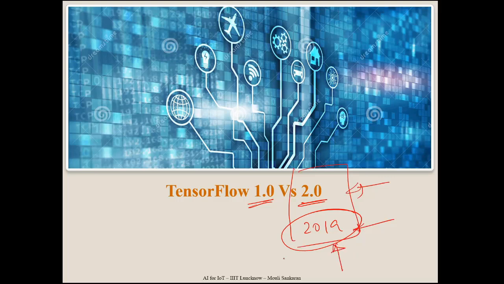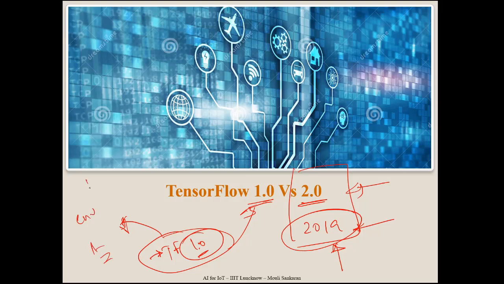And you may have some networks which are still using 1.0, or most of the books that you see on TensorFlow, they are all a little older, so they may be giving you code which is 1.0 code. Okay, so if you try to run those TensorFlow examples on our setup, you may have a problem. So if you are trying to learn something out of a book which is following TensorFlow 1.0, I suggest you install Anaconda, a different environment, and then install TensorFlow.